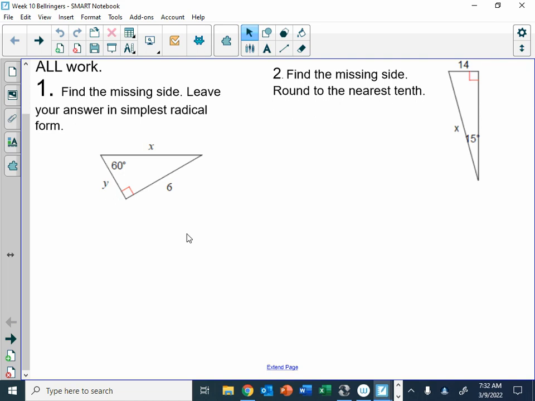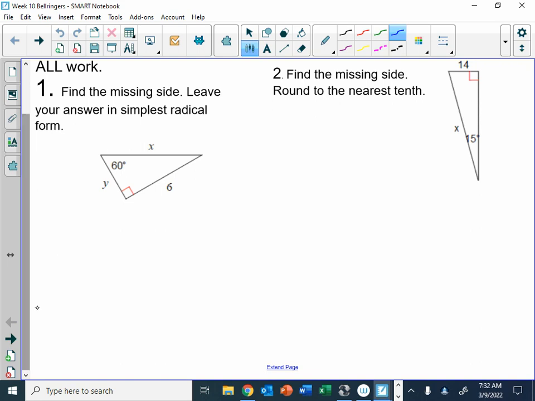Okay, perfect. Alright, so you were asked to find the missing sides. You need to ask yourself if you're using your special right triangles. First of all, this is a 30, 60, 90, and this 6, is it a leg or a hypotenuse? It's a leg. For a 30, 60, 90 triangle, your legs are either s or s square root of 3.